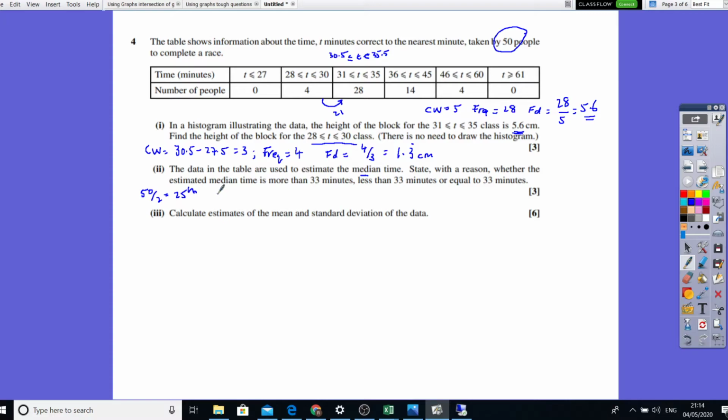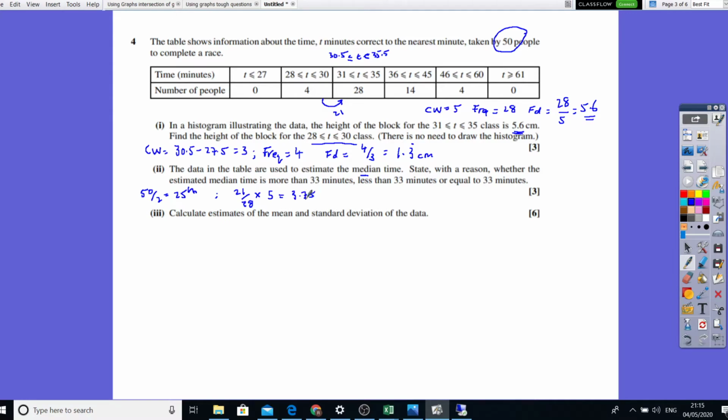So what we can do in the next step is 21 divided by 28, and multiply by the class width. The class width here, what we said, is 5. Times that by 5. If you do that on your calculator, you'll end up with 3.75.